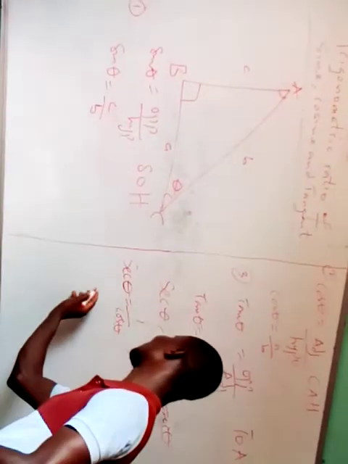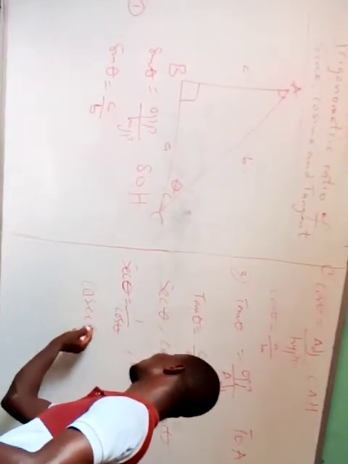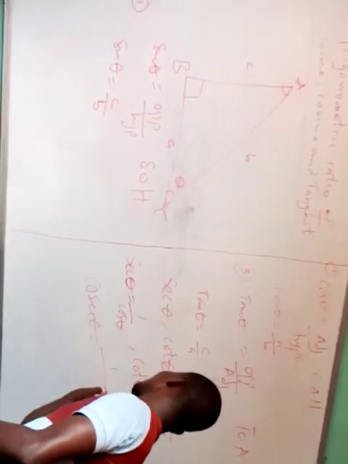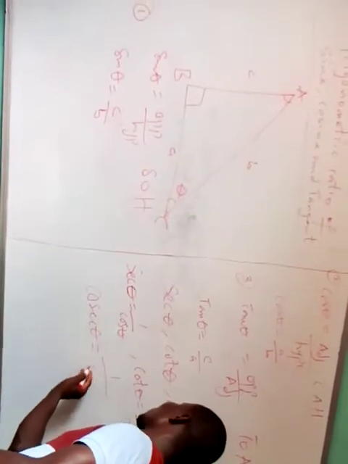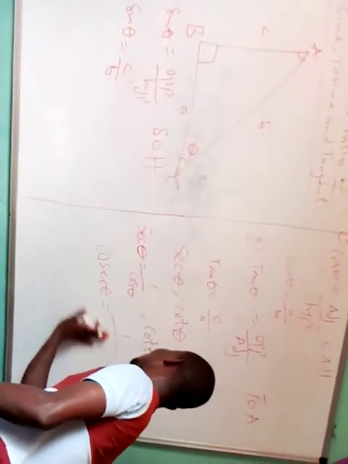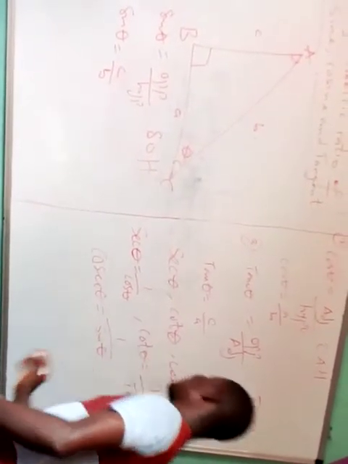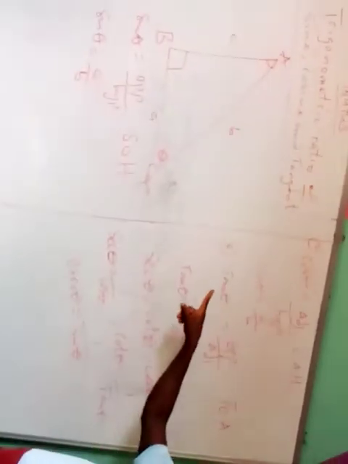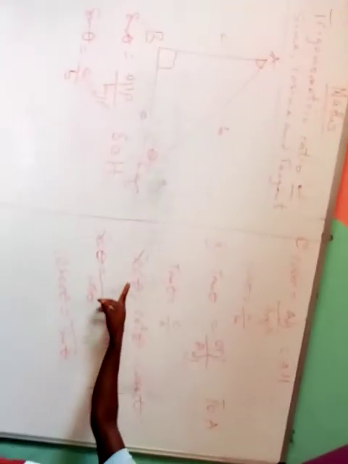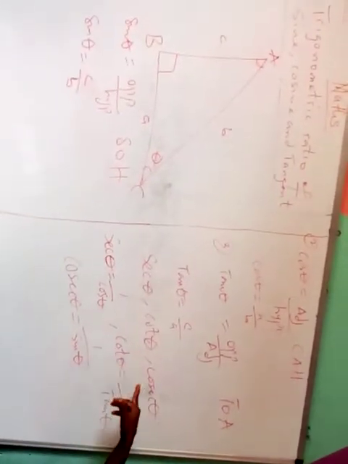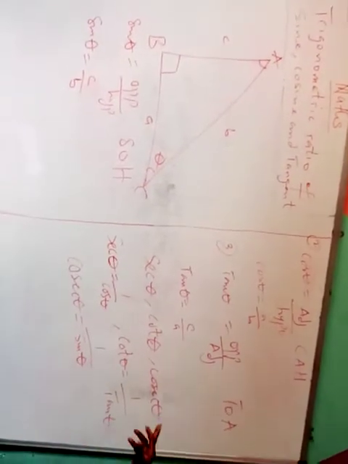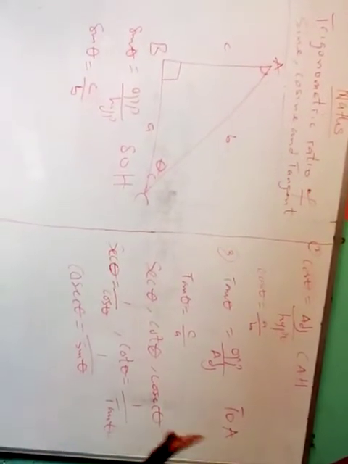Then likewise cosec theta simply means 1 over sin theta. So apart from sine, cos, and tan, we have the sec, we have the cot, we also have the cosec theta, isn't it? So I'm going to establish that.